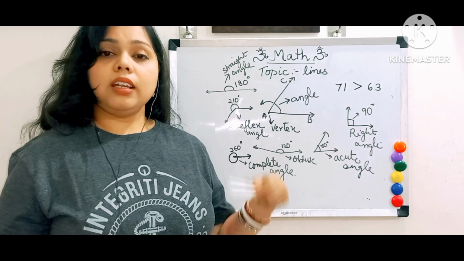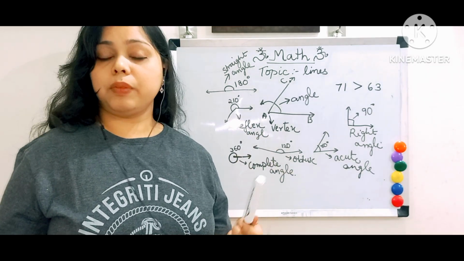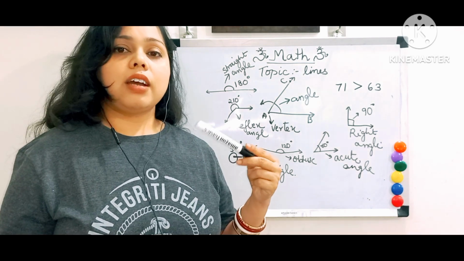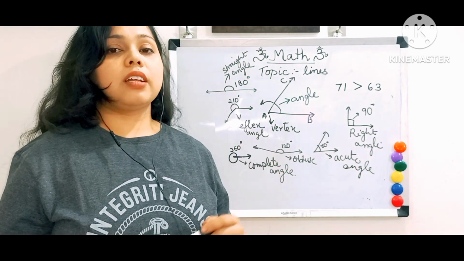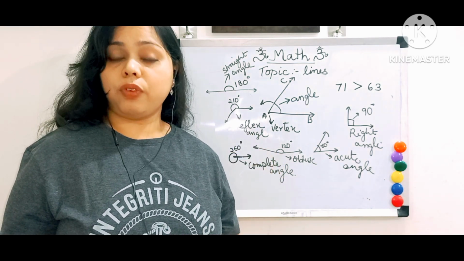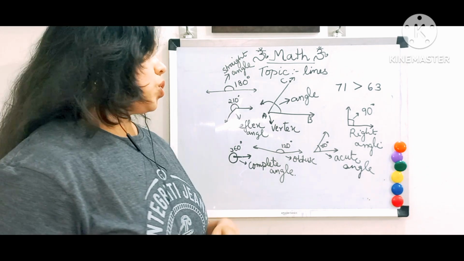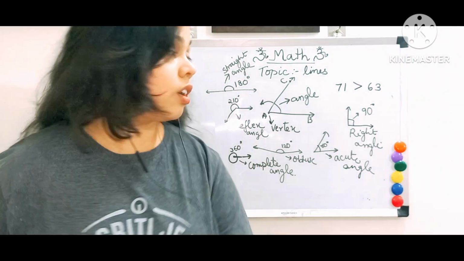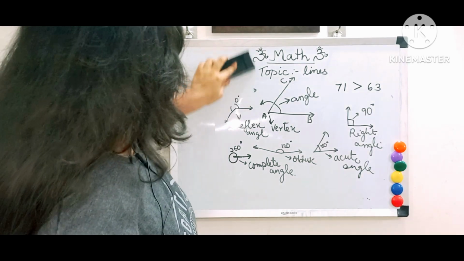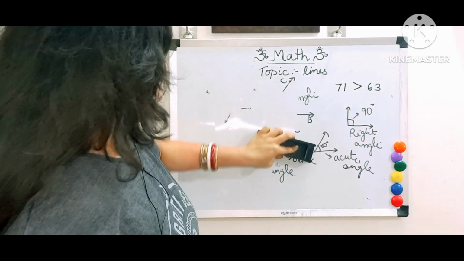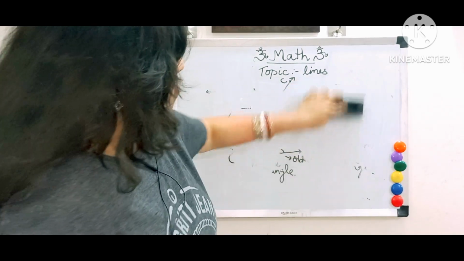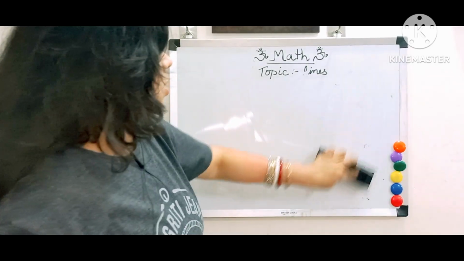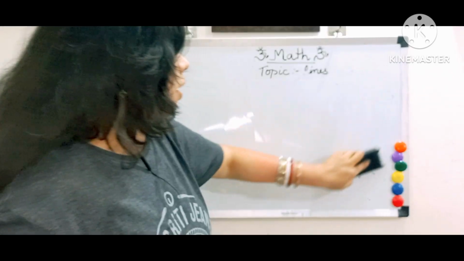Next, there is comparing between angles, and pair of angles. After that, there will be pair of lines. So, what will you call it if there are two angles? If two angles are given, what will we call it?